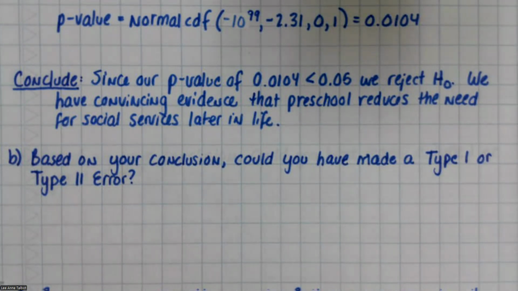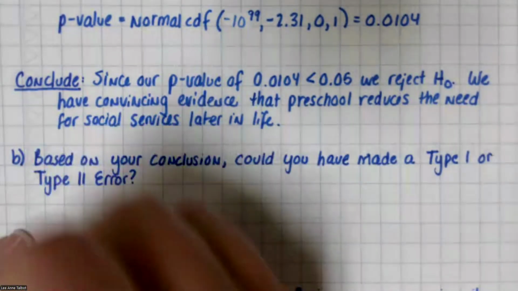Okay, now what if they just got a wonky sample? What if they just got a bunch of kids that just ended up being unusually needing of social services? It's possible, right? You get a sample where there's just a higher level than normal.